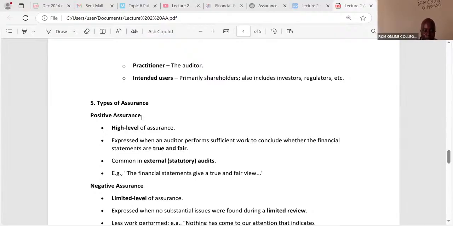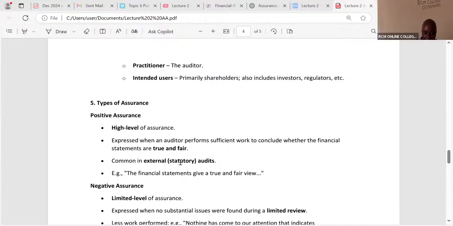So remember, this positive assurance is a high level of assurance, not 100%, not absolute, but a high level of assurance expressed when an auditor performs sufficient work to conclude whether the financial statements are true and fair. When I'm able to collect sufficient, appropriate audit evidence, then I'll be able to give what we call a high level assurance, which is positive.